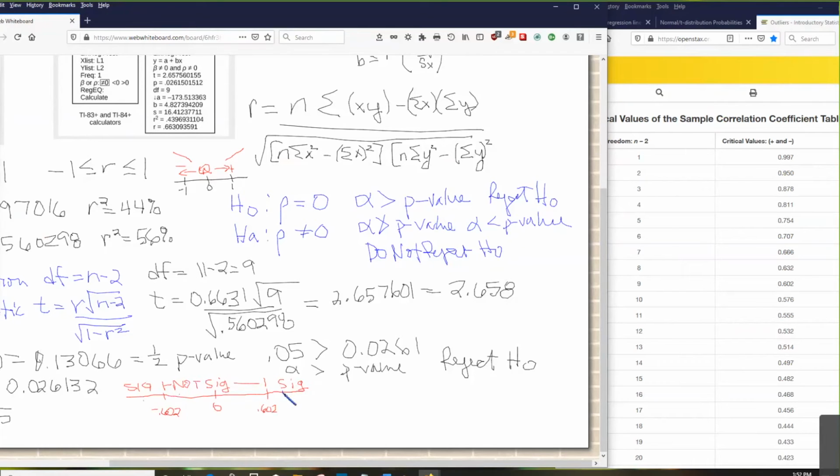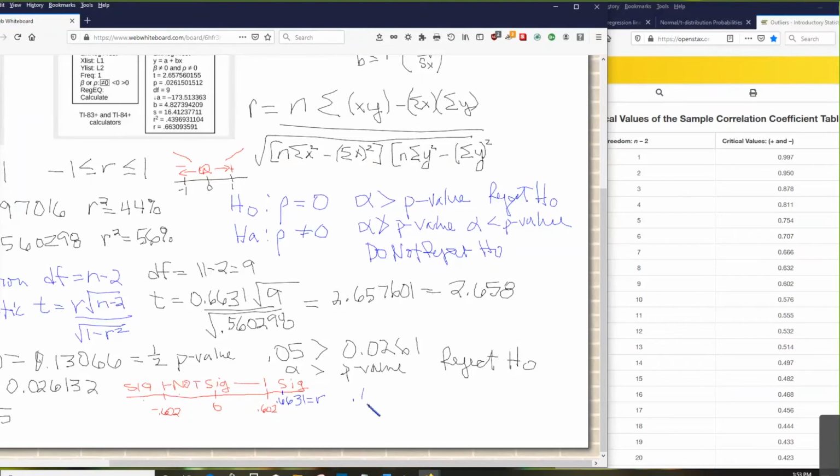So we have 0.6631 as our R value. Because that R value is greater than 0.602, that means that R is significant.